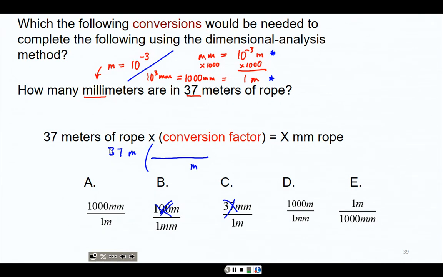So that's why you need to be able to use this alternate arrangement. Sometimes that's more favorable to you. And so 1 meter is 1,000 millimeters. So you're going to put 1 meter here and 1,000 millimeters on top. And when you do that, if everything's set up correctly, your units will cancel and the answer will make some sense. And so we're looking for the one that has 1,000 millimeters over a meter. That apparently is answer A.